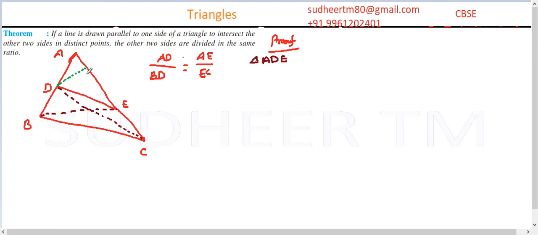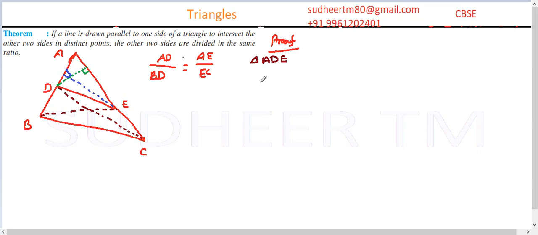Also from E, draw another perpendicular to AB. So in two ways we can find the area of the triangle ADE.